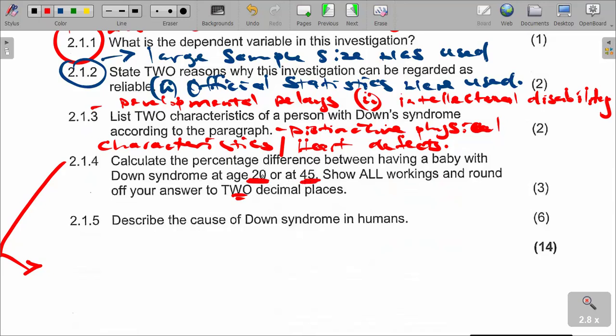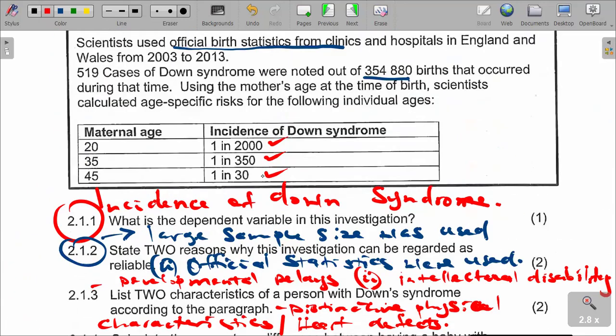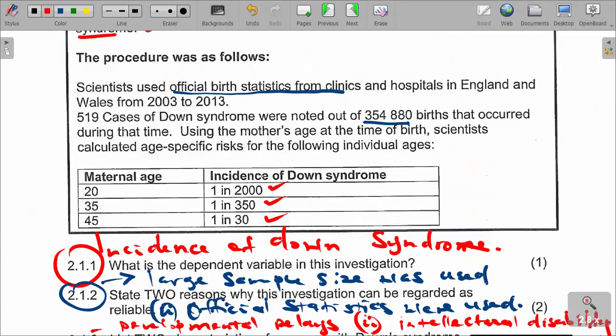At the age of 20, it is given there that it is 1 out of 2,000. At the age of 20 is 1 over 2,000 multiplied by 100.